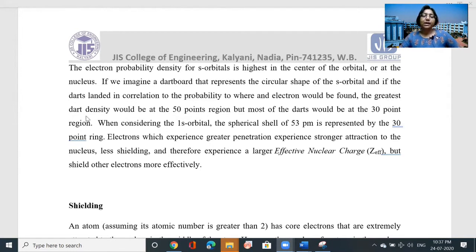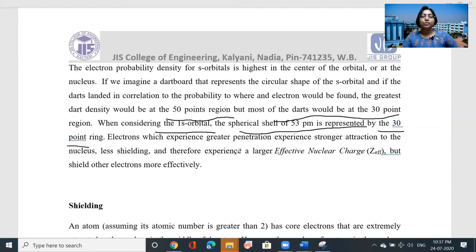The greatest dart density would be at the 50 points region, but most of the darts would be at the 30 points region. For the 1s orbital, the spherical shell of 53 pm is represented by the 30-point ring.